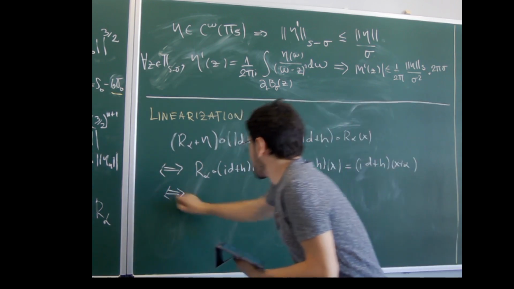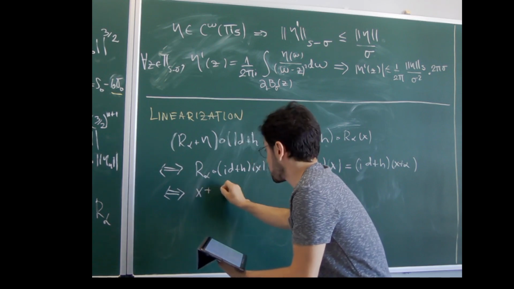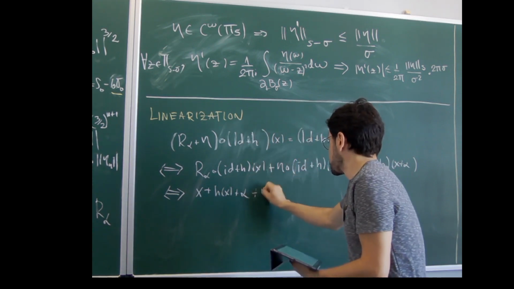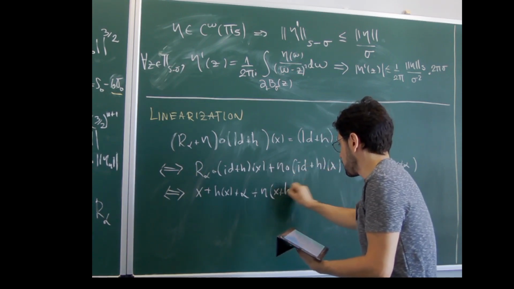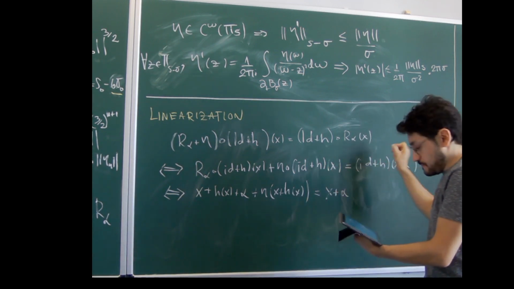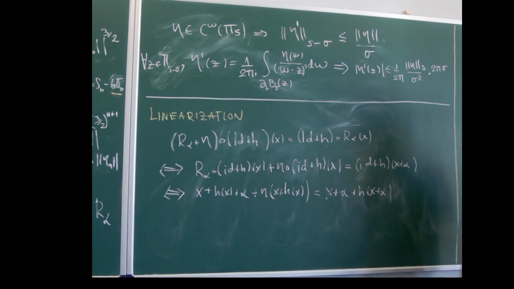So you open up once more and you can write this as x plus h of x plus alpha plus eta of x plus h of x equals x plus alpha plus h of x plus alpha. I'm just doing the calculations.